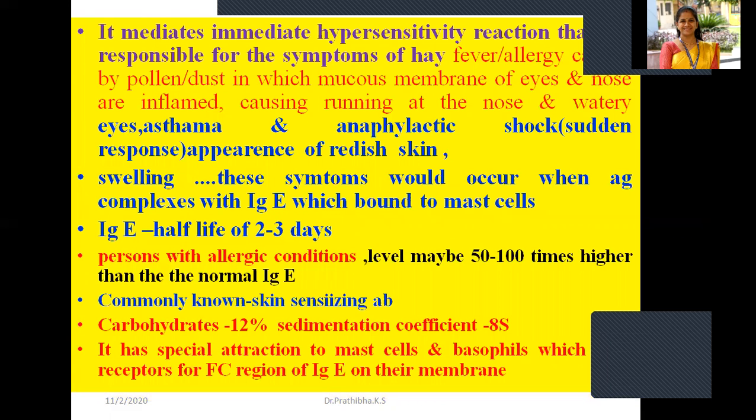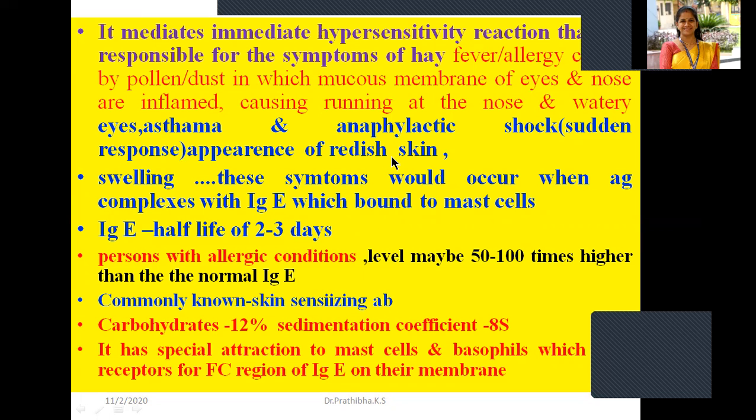IgE mediates immediate hypersensitivity reactions that are responsible for the symptoms of hay fever, allergy caused by pollen or dust, in which the mucous membranes of eyes and nose are inflamed, causing a runny nose and watery eyes, asthma, and anaphylactic shock, like a sudden response.